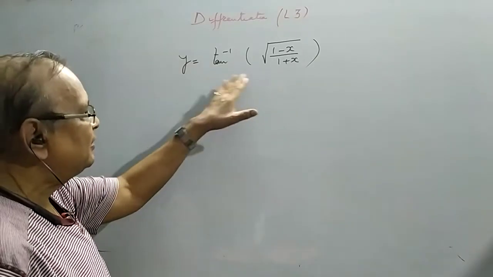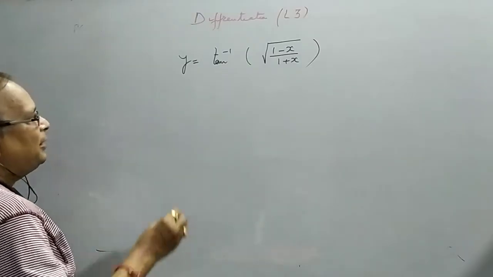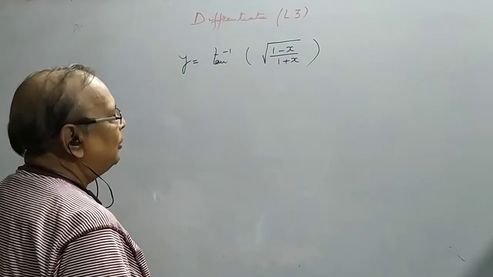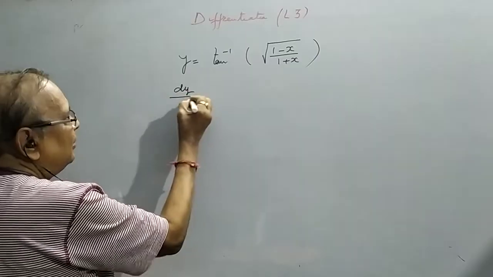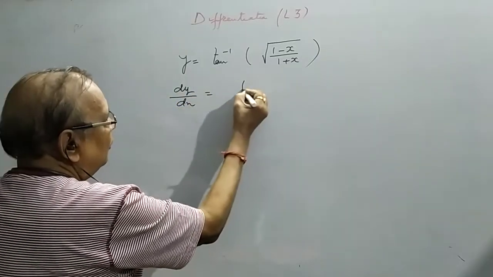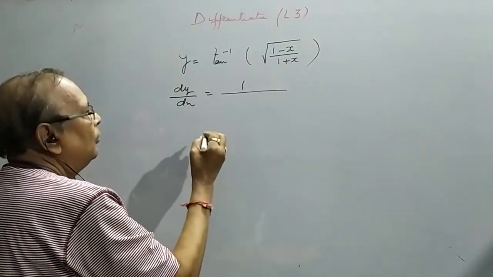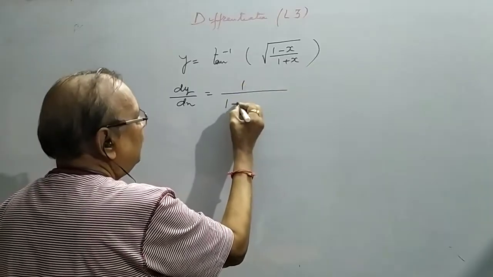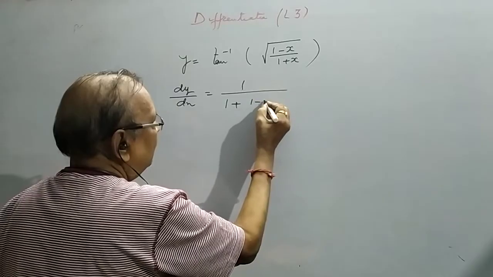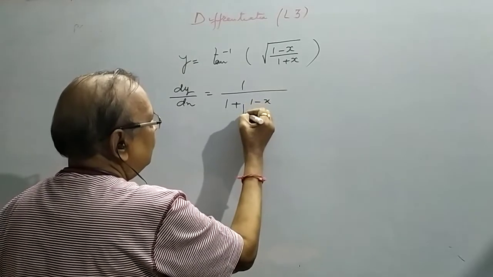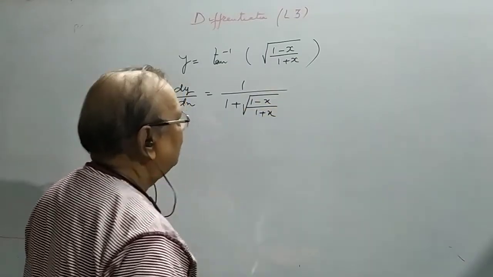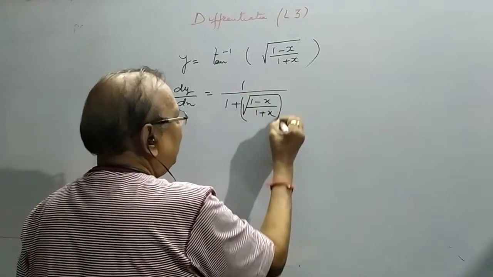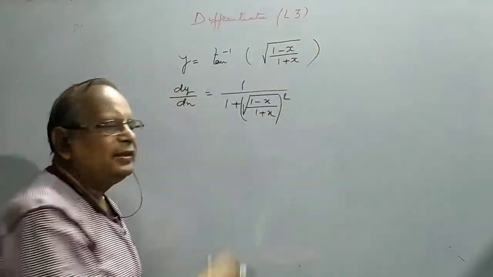Now we may get it in a systematic way by assuming already that dy by dx is equal to 1 upon 1 plus, 1 minus x upon 1 plus x whole square, as we have replaced this as t.